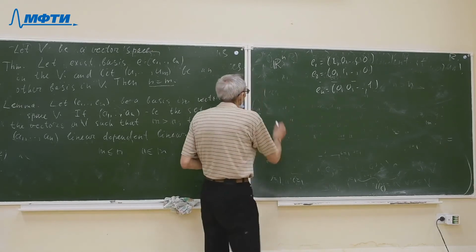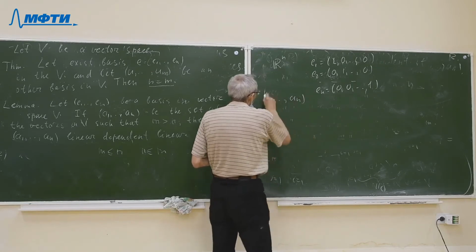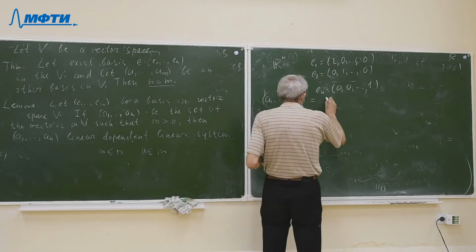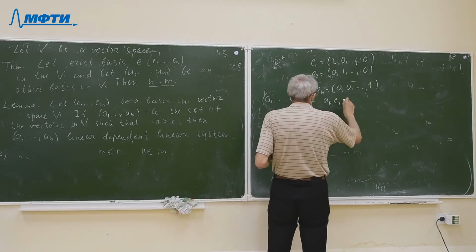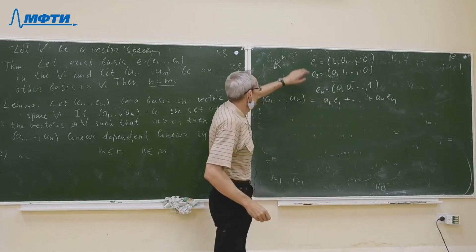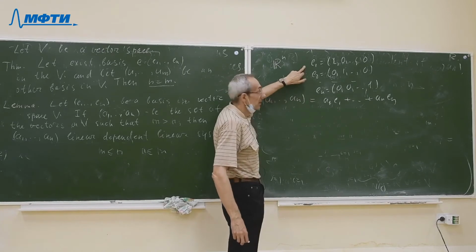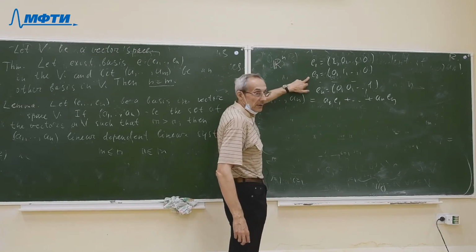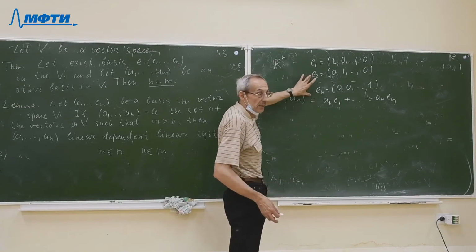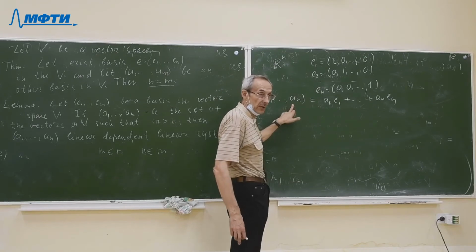Because if you have any element of this vector space, this element can be presented as a linear combination. If I multiply this element by A1, this by A2, and this by An, and add this combination, I obtain this vector.